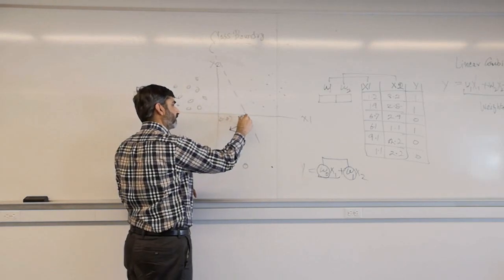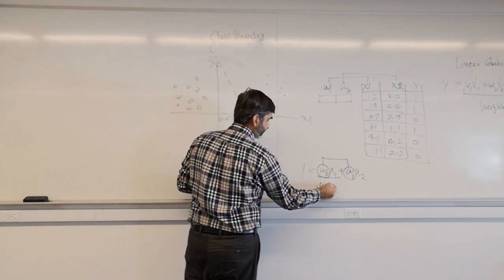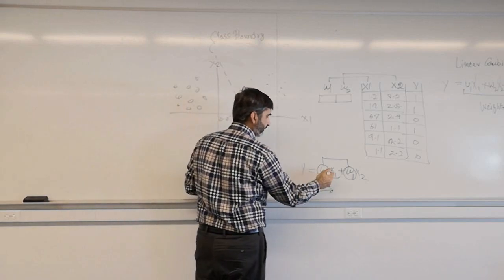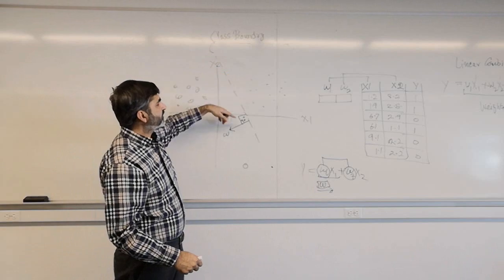So the angle between the vector W, which has two values, W1 and W2, and the class boundary is perpendicular.